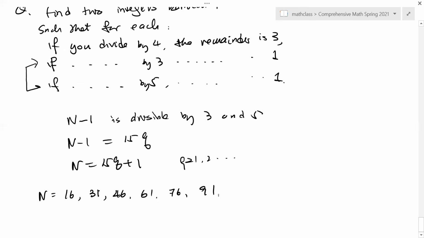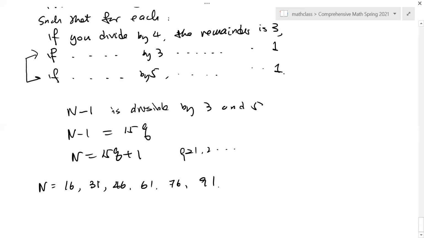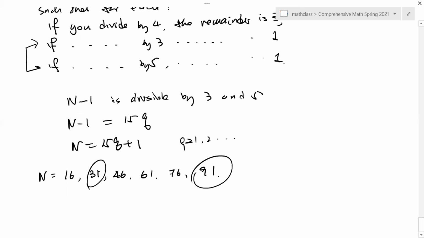But we're looking for another one, which when you divide by 4, the remainder is 3. There were two numbers, not 61, 91. 91, not 61. 61 divided by 4, the remainder is not going to be 3, it's going to be 1.